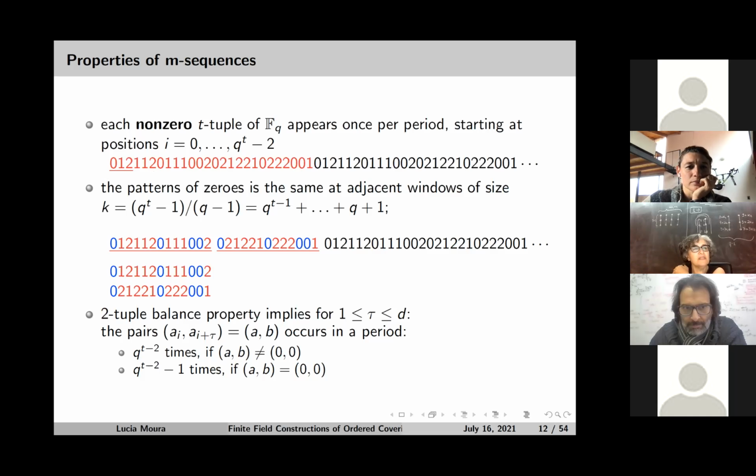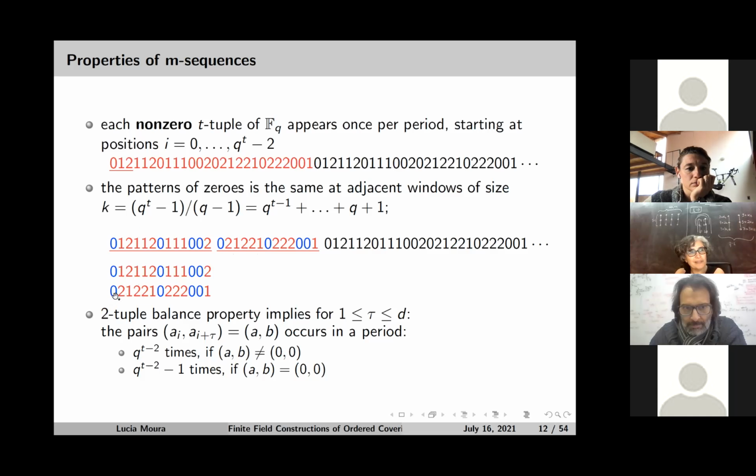There is also something related to the patterns of zeros in the sequence. If I pick the whole period of the sequence, q^t minus 1, and I divide it into q minus 1 slices, in my case here q is 3, so I have 2 slices, then there's a result about these sequences that corresponding elements in this slice are a scalar multiple, by elements in the base field, of the previous one.